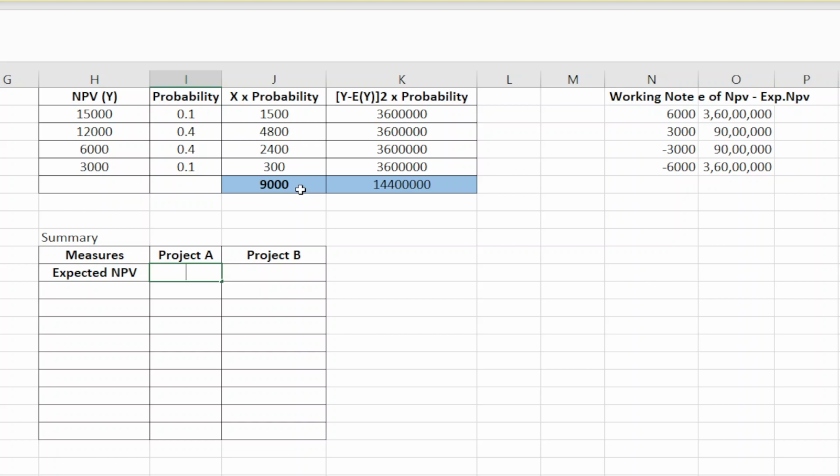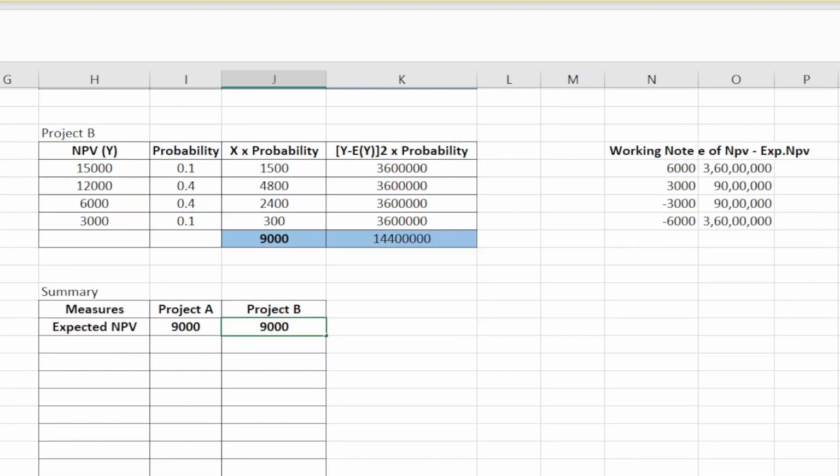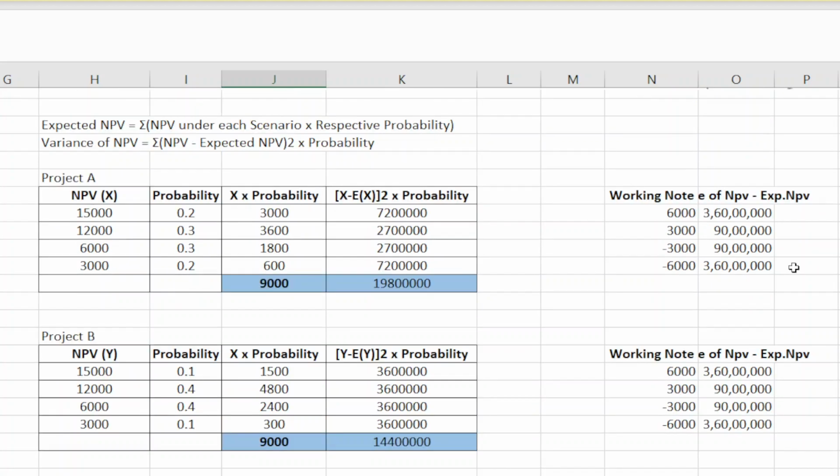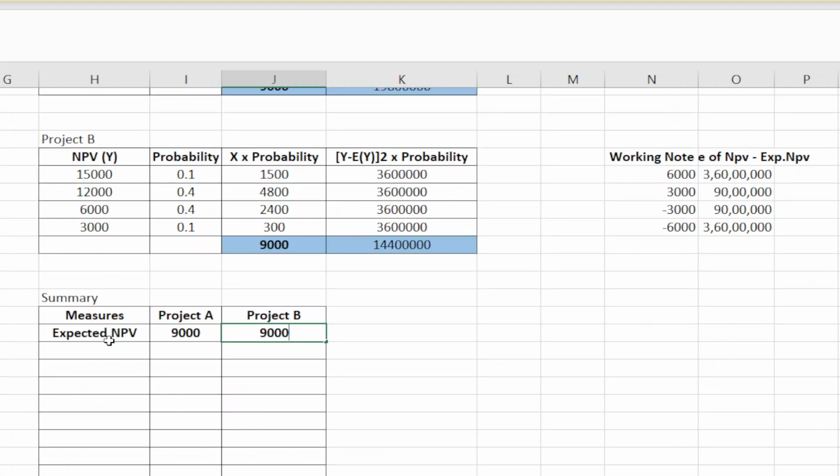Hope you understand. We have calculated. See here. Let me go back and show that to you. 9,000 and 9,000. Project A 9,000. This one and this one. Yeah. Correct. So expected NPV we have already written.